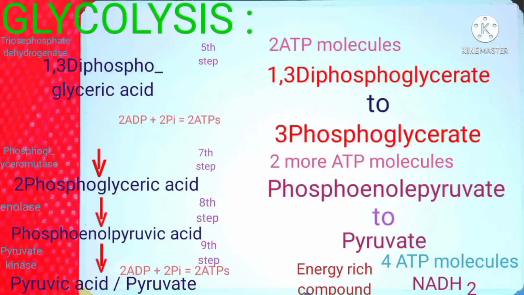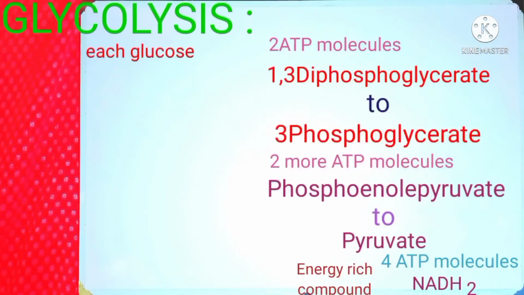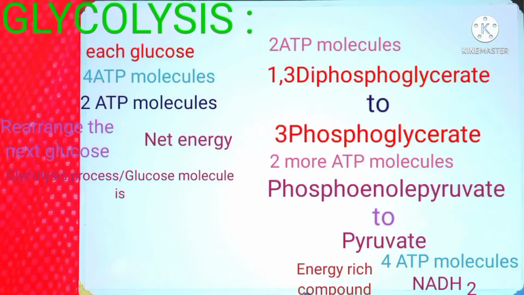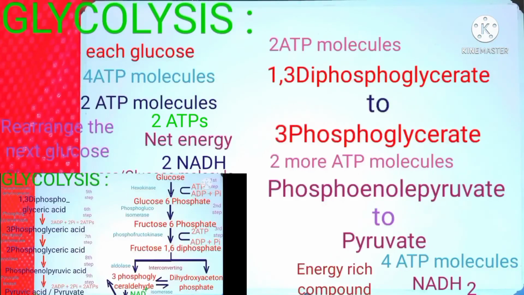Finally, we can say that for each molecule of glucose that takes part in the glycolytic pathway, 4 molecules of ATP are obtained. Although 2 ATP molecules are used to rearrange the glucose molecule to form a new 6 carbon compound, the net energy obtained from glycolysis per glucose molecule is 2 ATP molecules along with 2 NADH.